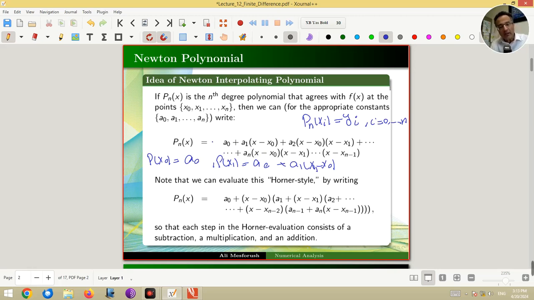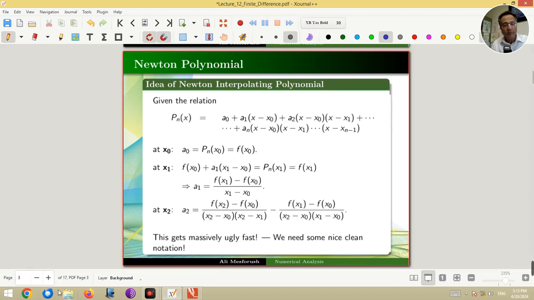If we can compute all of these coefficients, in fact, we have computed a polynomial that we call the Newton interpolating polynomial of n plus 1 nodal points x0, y0 until xn, yn. So this is the idea of the Newton interpolating polynomial.